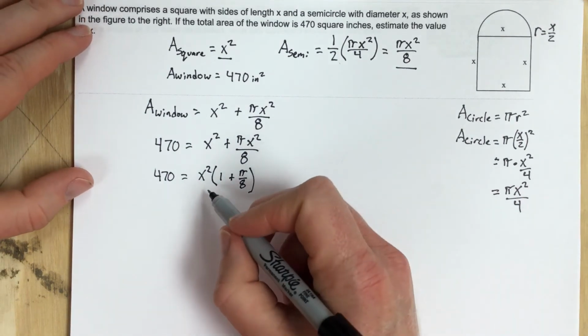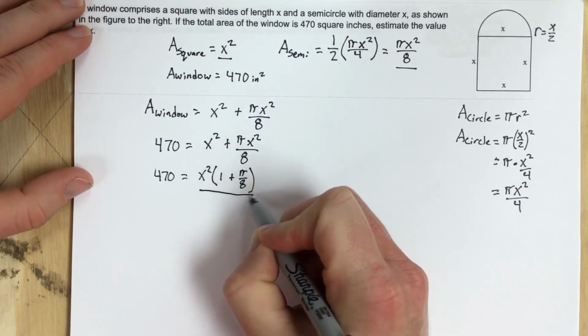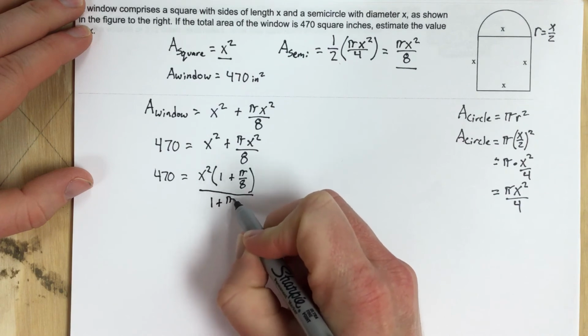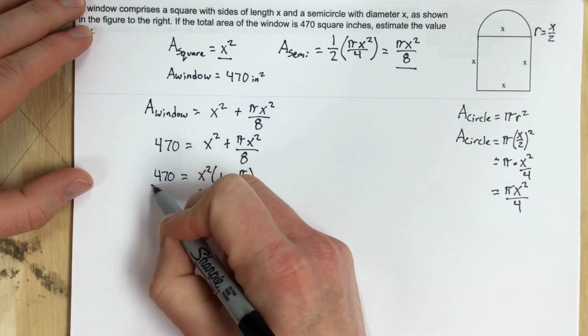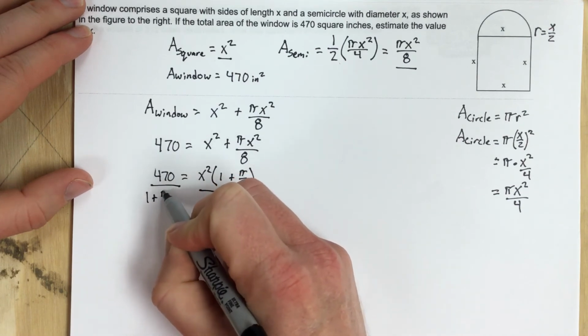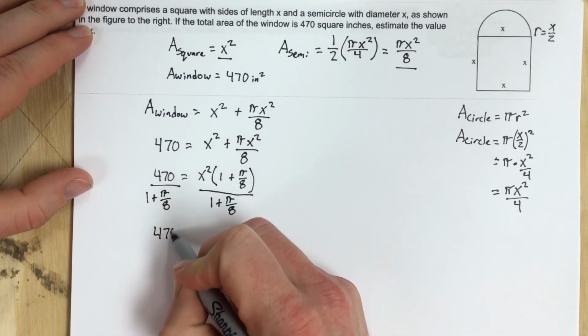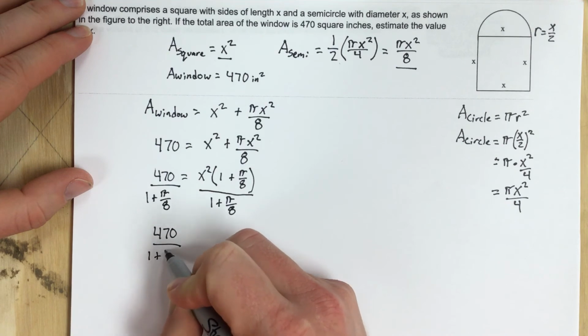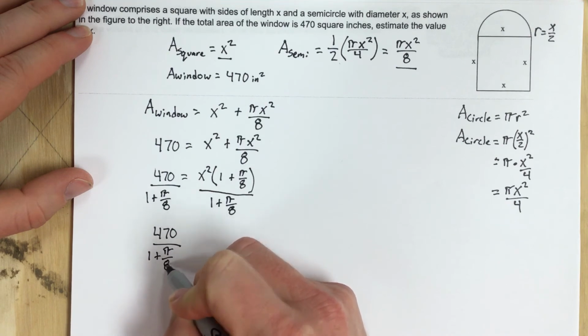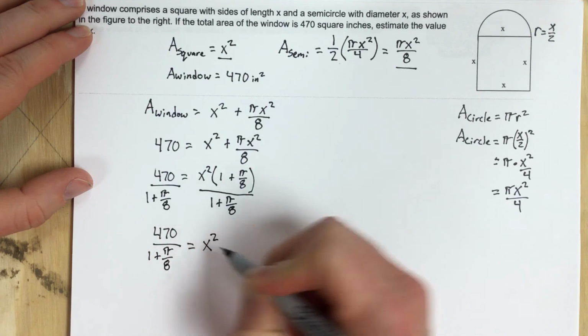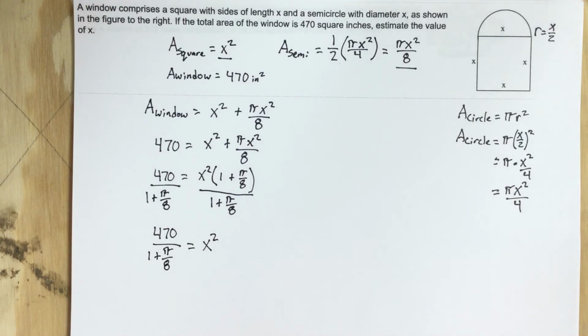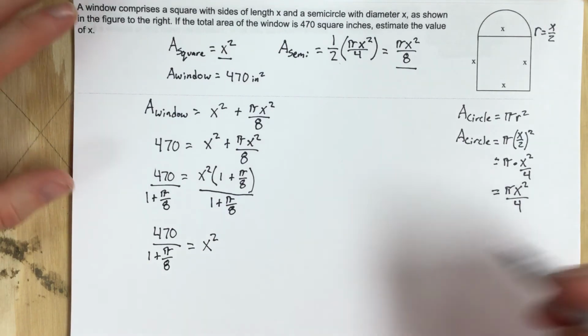Now we can actually divide by 1 plus pi over 8 on each side, and we end up with 470 over 1 plus pi over 8 equals x squared. Now we're going to square root each side.